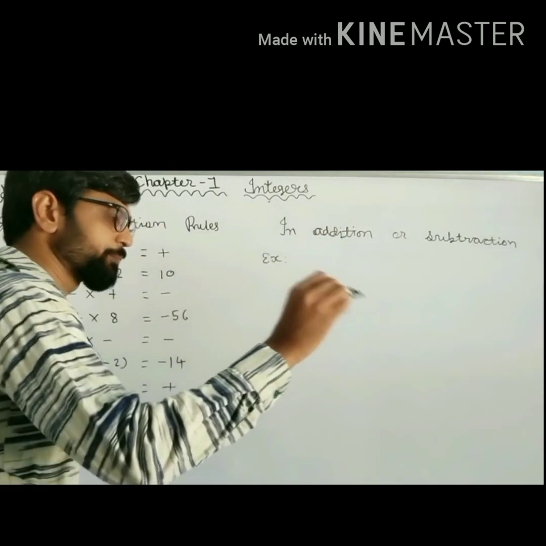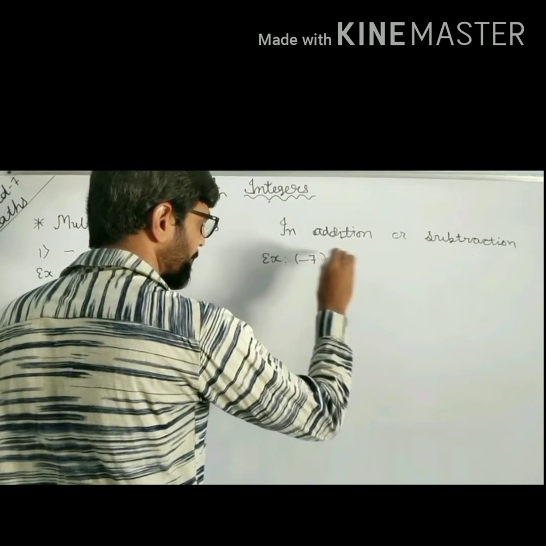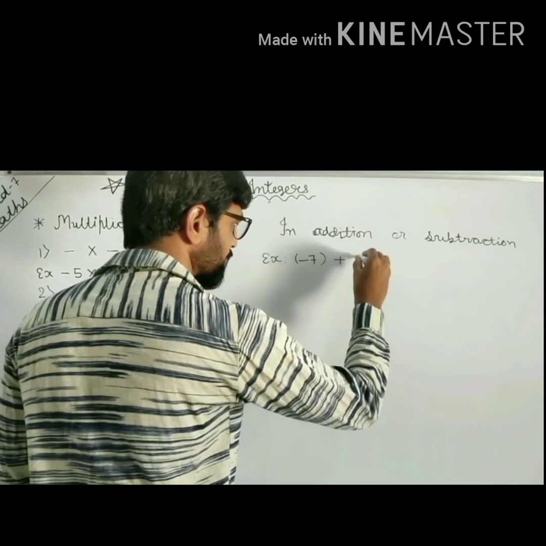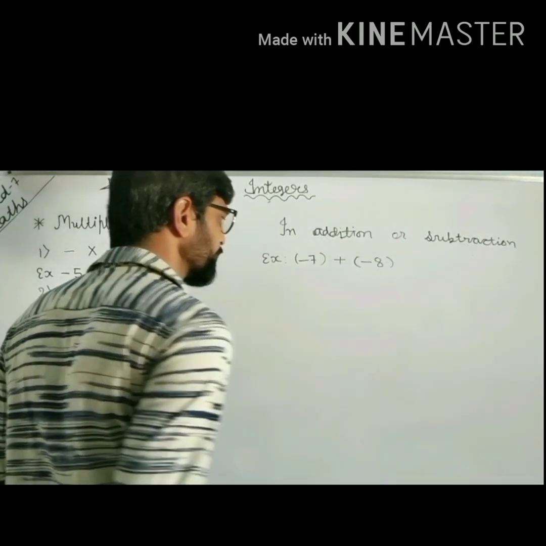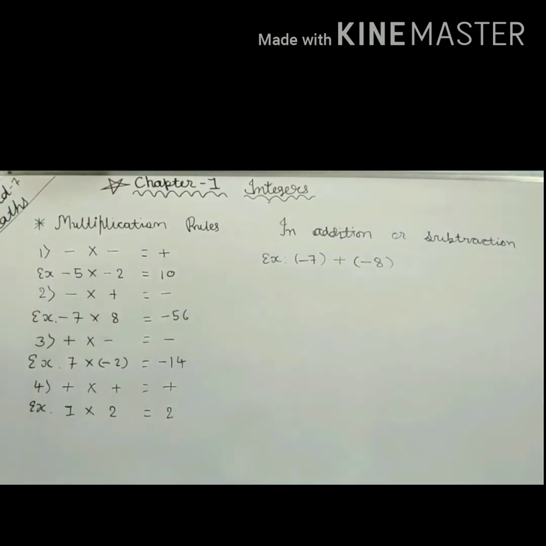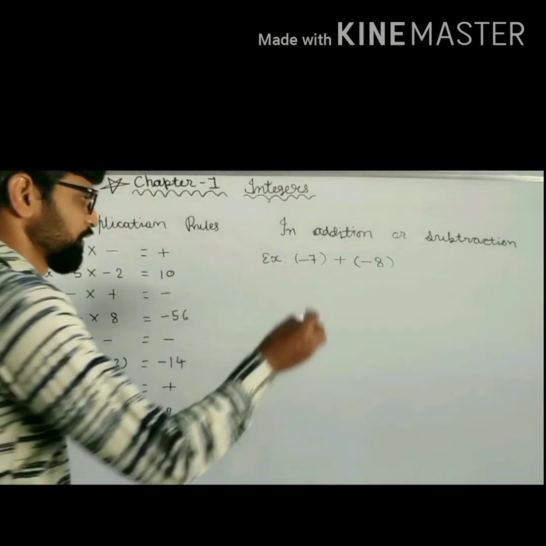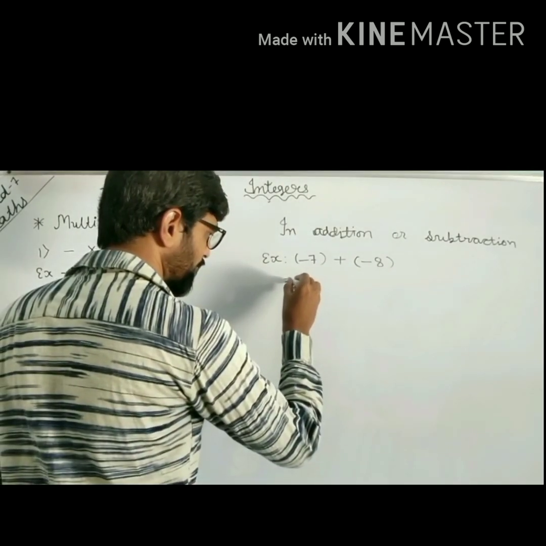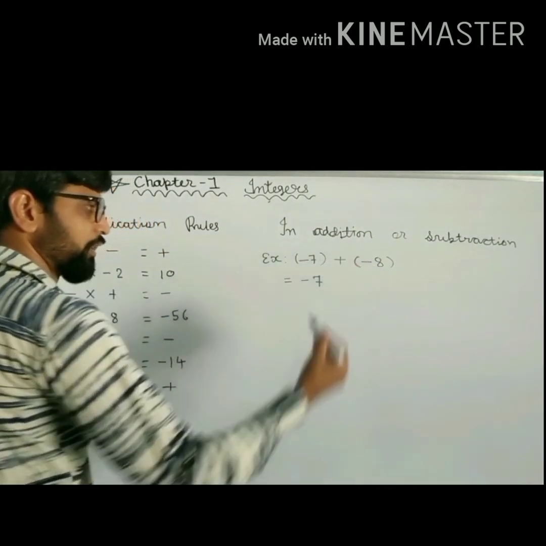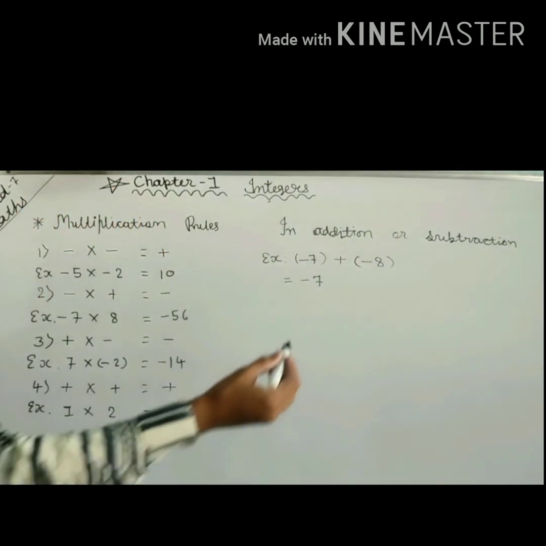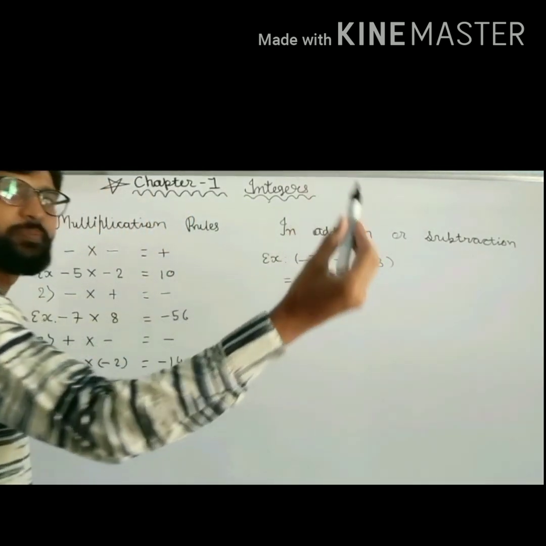I am taking one example, -7 plus minus 8. Now what will be the answer? Here you have to first remove the brackets. If I remove this bracket, then I get minus 7. Now here you have to understand, plus and minus is multiplication.